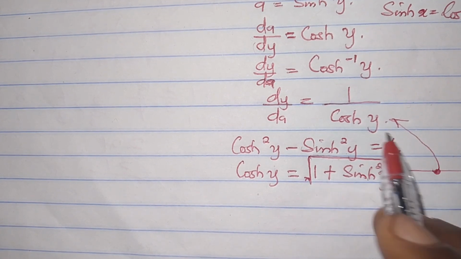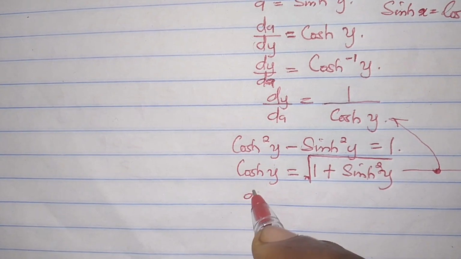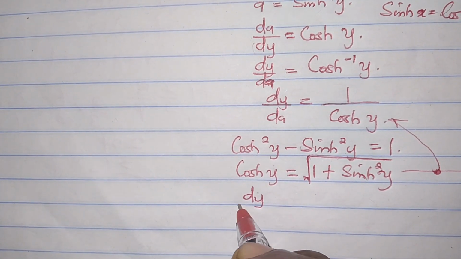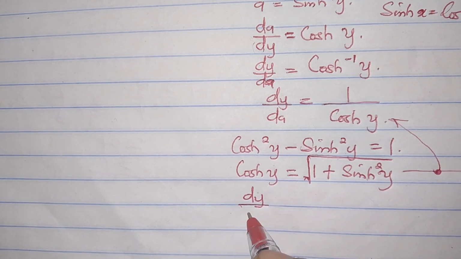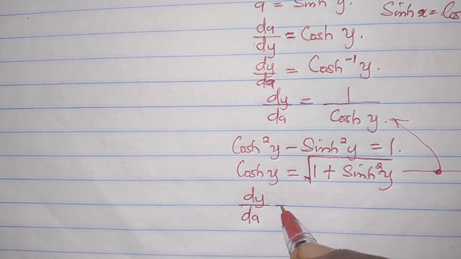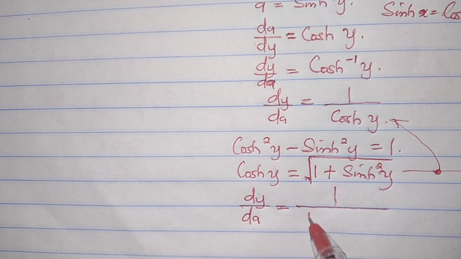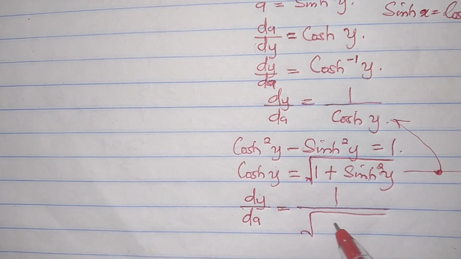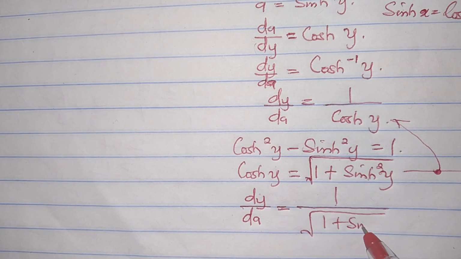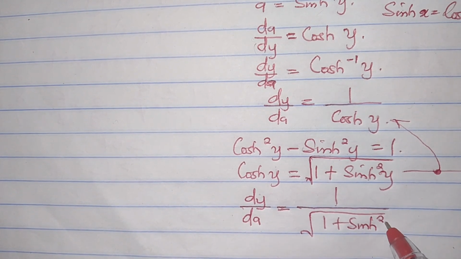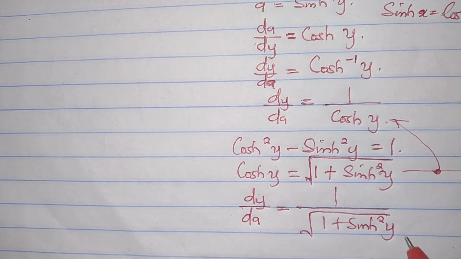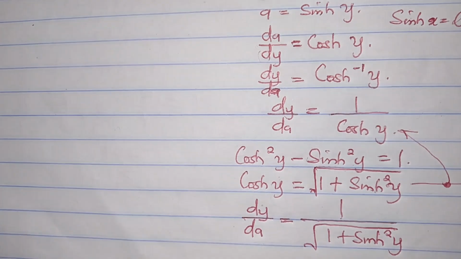So substituting it there, we are having that dy all divided by dA equals 1 divided by the root of 1 plus sine square y, the whole root of 1 plus sine square y.